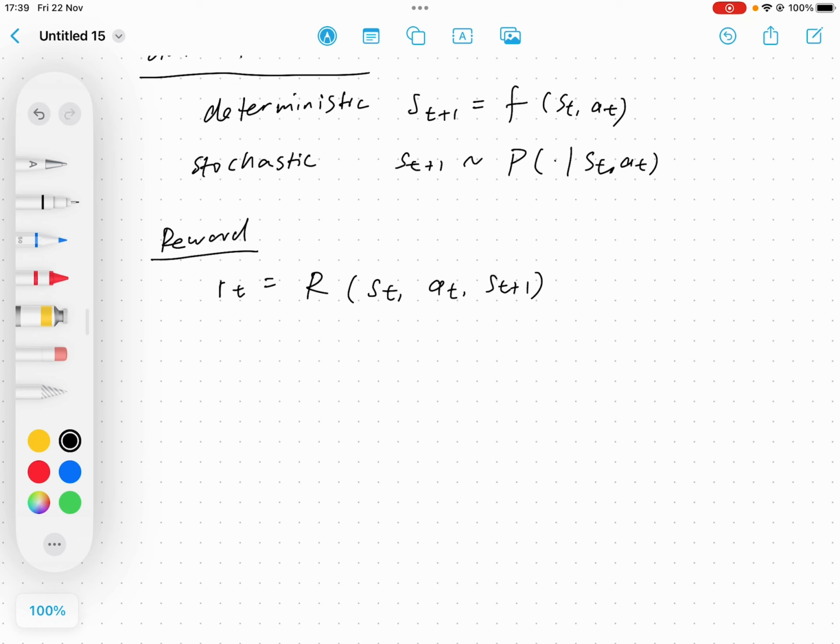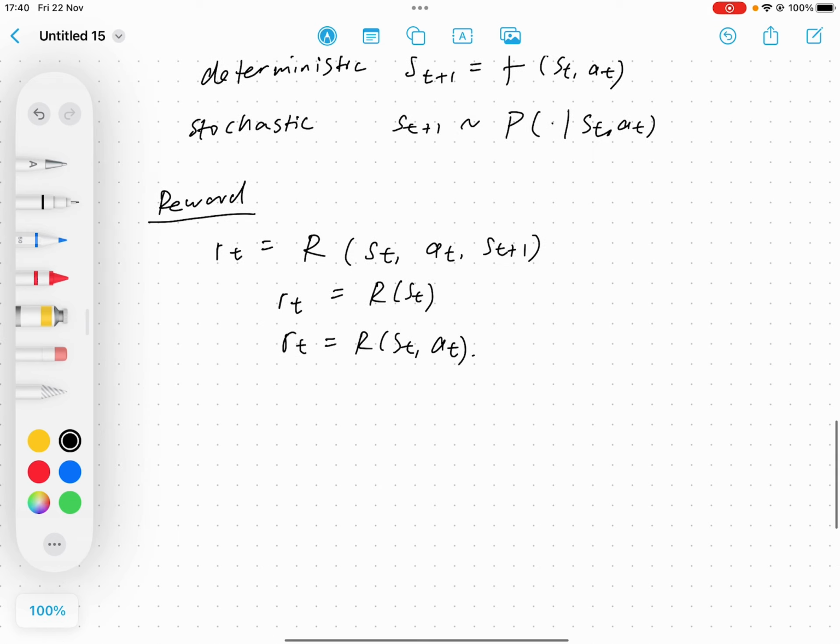Sometimes we won't need s_t+1. In the literature people sometimes write this simply as R_t, a function of s_t, or if you want to have a_t, you can also write a_t inside. But normally people don't write s_t+1 here, because s_t+1 will be given by the transitions.